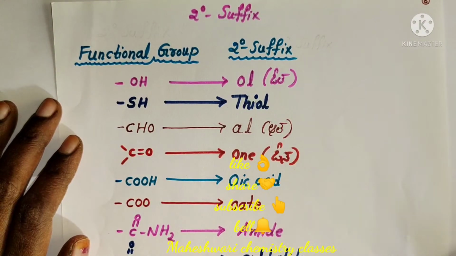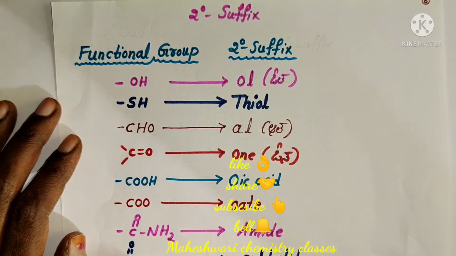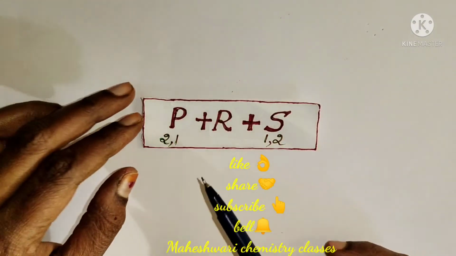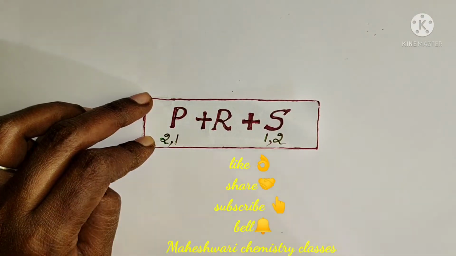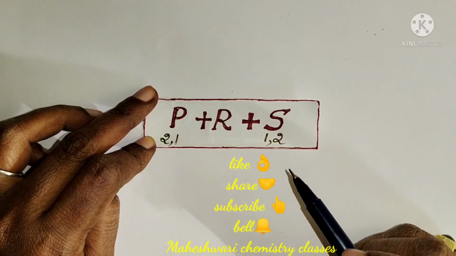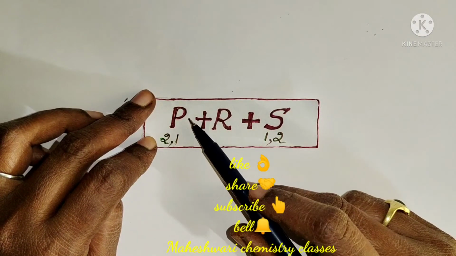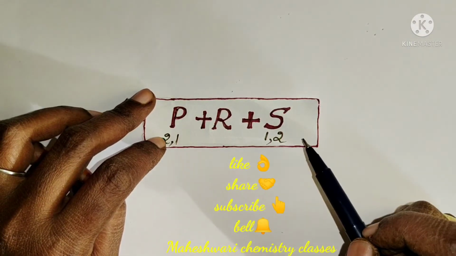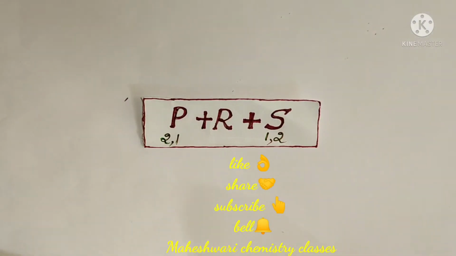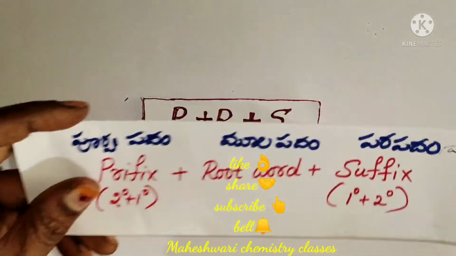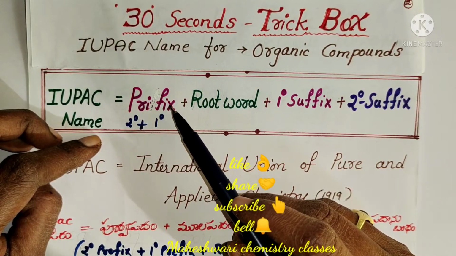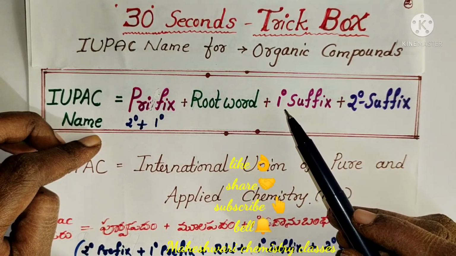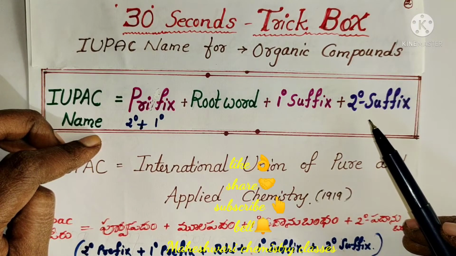Now we have to learn the IUPAC name based on the formula. What is our trick? PRS, not TRS, it is PRS. IUPAC name equals secondary prefix plus primary prefix plus root word plus primary suffix plus secondary suffix.